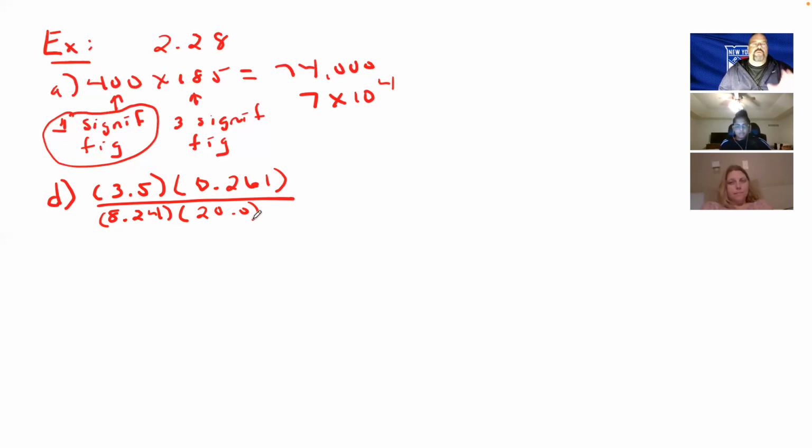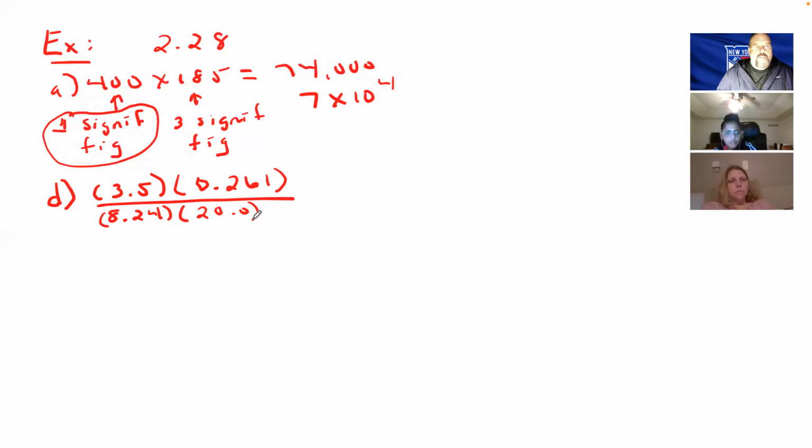If you wanted to multiply the numerator, multiply the denominator, and divide, I think you should still come up with the right answer. But what you'd want to do is go a couple, like 1 or 2, decimal points further than what you would have in your answer in terms of significant figures.